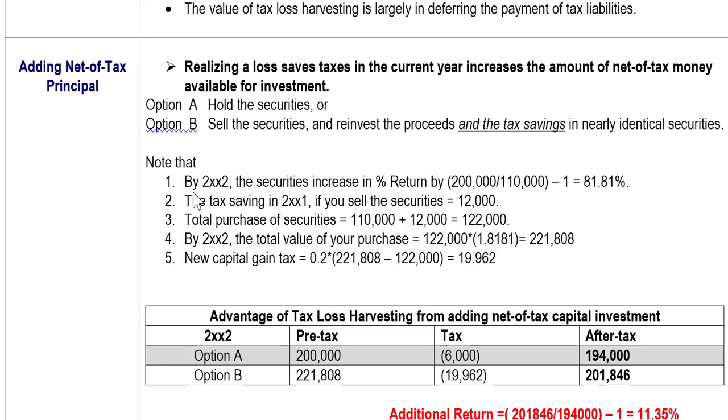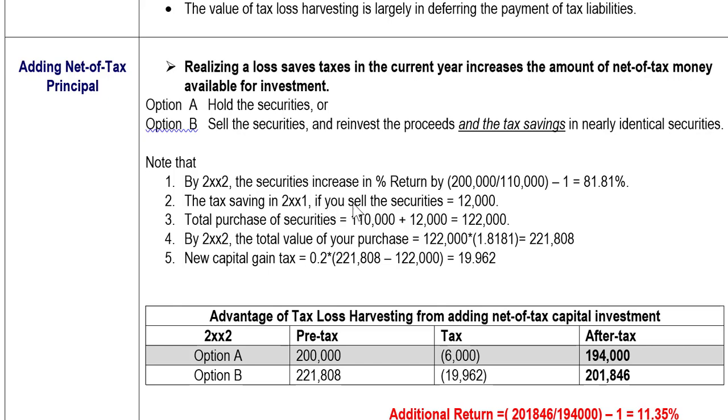By the second year, the security increased by 81.81% because the value increased from 110,000 to 200,000. That's a huge increase in terms of percentage, or in terms of the value. Now, realize the tax saving in year one.